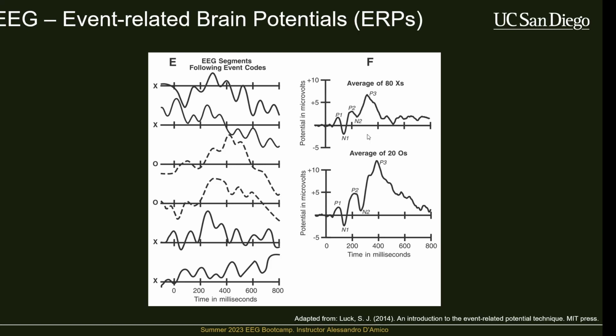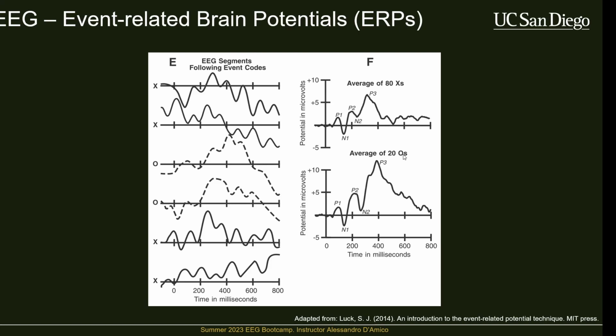And then we sort of see this peak at around 300 to 500 milliseconds, which is labeled the P3. So this is going to be the first potential that we actually record in this class tomorrow and the next day. It's one of the most reliably elicited components.